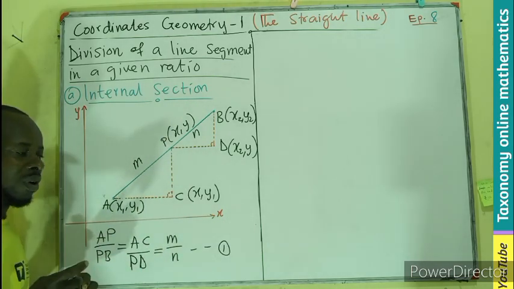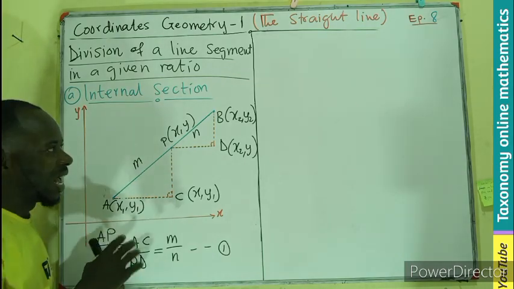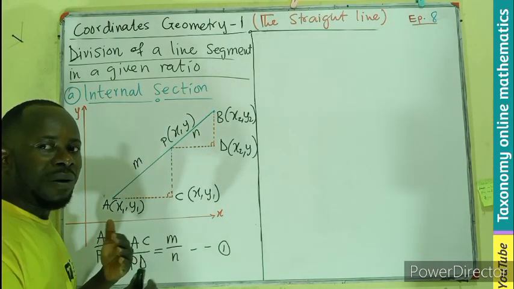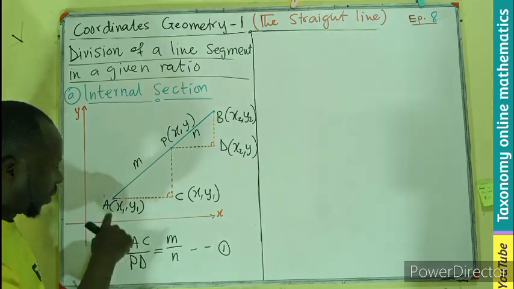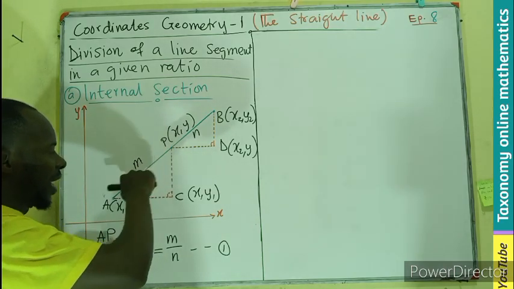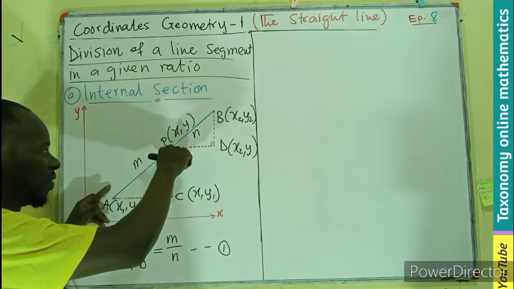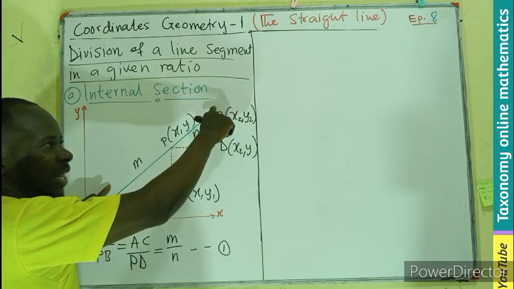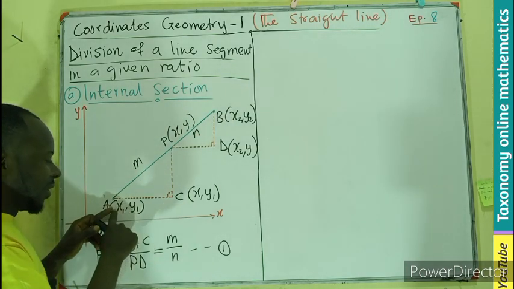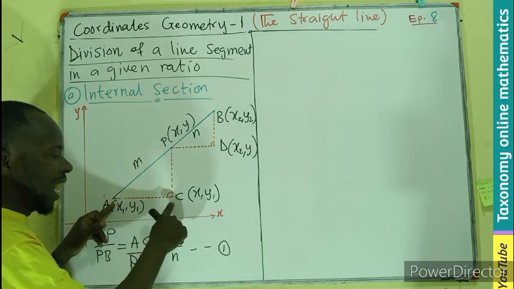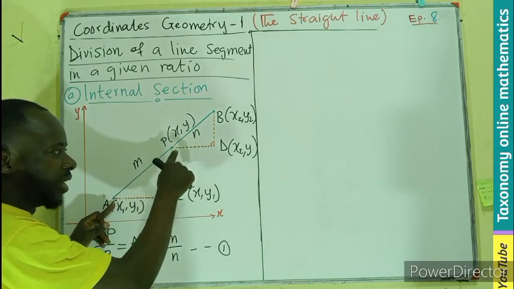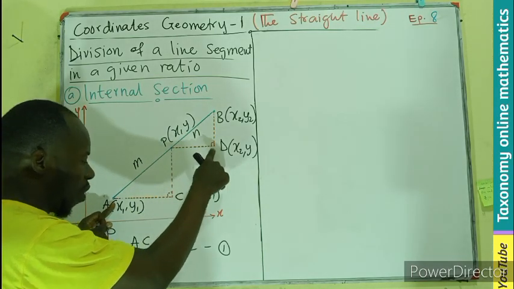Let's label that as the first equation we can get out of the similarity of the triangles. The slant of this triangle divided by the slant of the second one is the same as the horizontal length of the bigger one divided by the horizontal length of the smaller one.